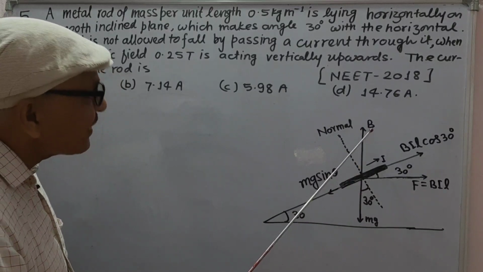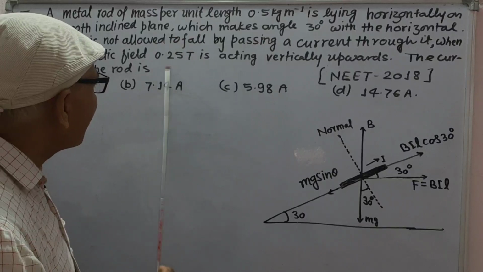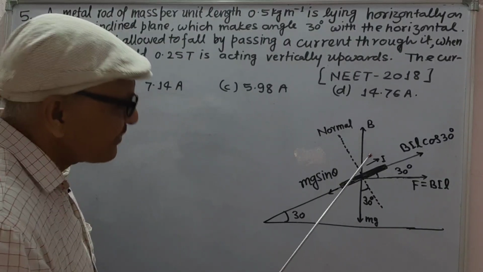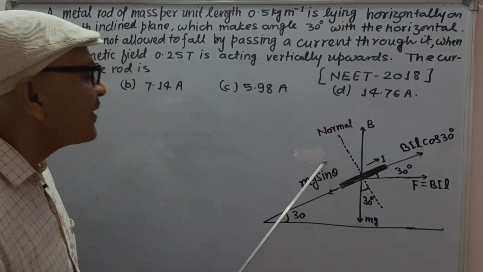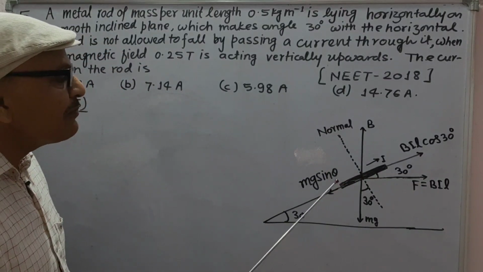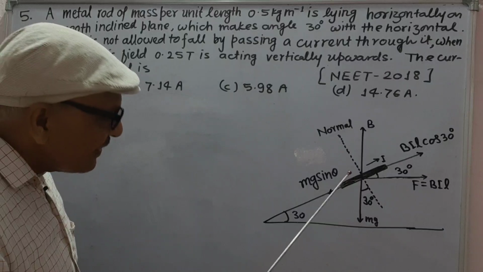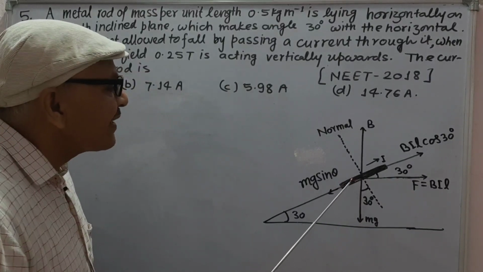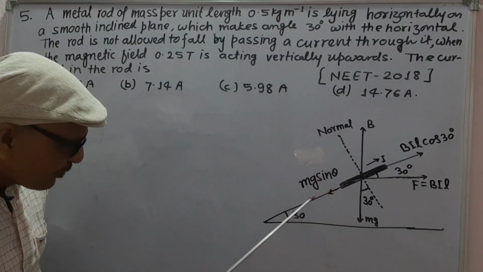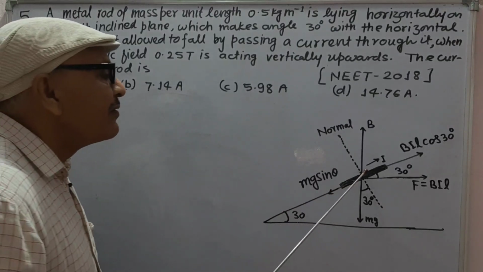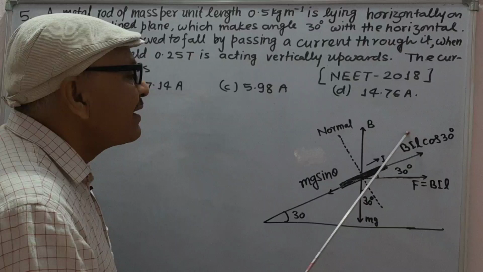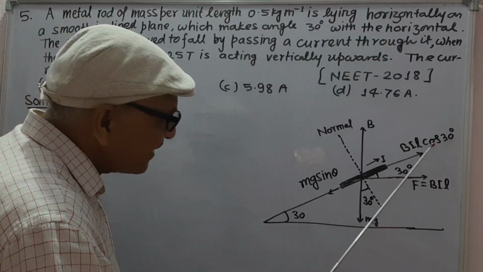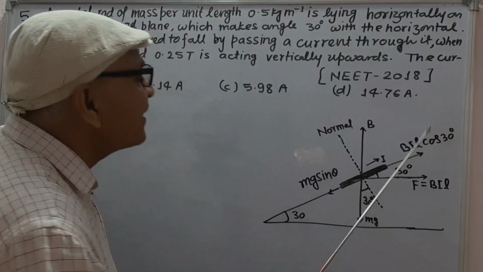A magnetic field B of value 0.25 Tesla is acting vertically upwards. Clearly the rod will be in equilibrium if the component of its weight, mg sin theta, down the inclined plane is equal to the magnetic force component, BIL cos theta, along the inclined plane.